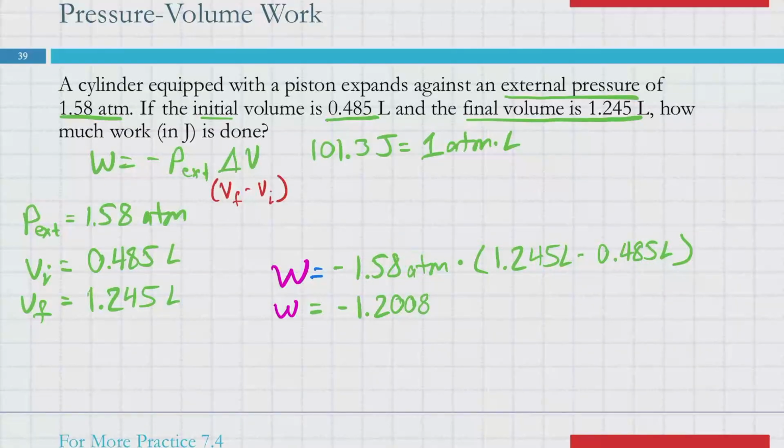We multiplied it by atmospheres. So the units here are liters atmospheres. And the question asked for work in joules. So we need to convert from liters atmospheres to joules. And we do that with this conversion factor, 101.3 joules equals 1 liter times atmospheres.